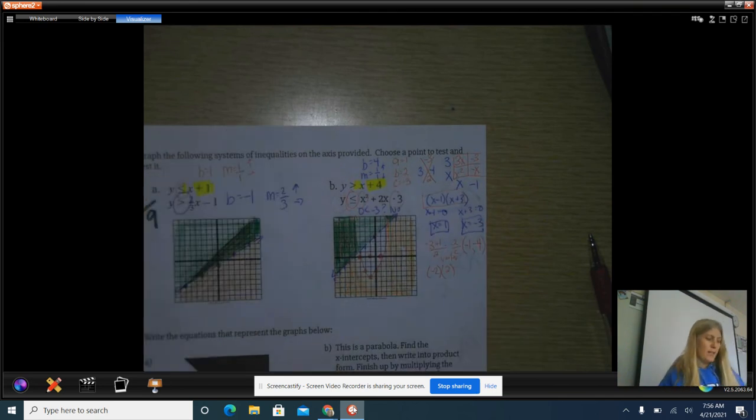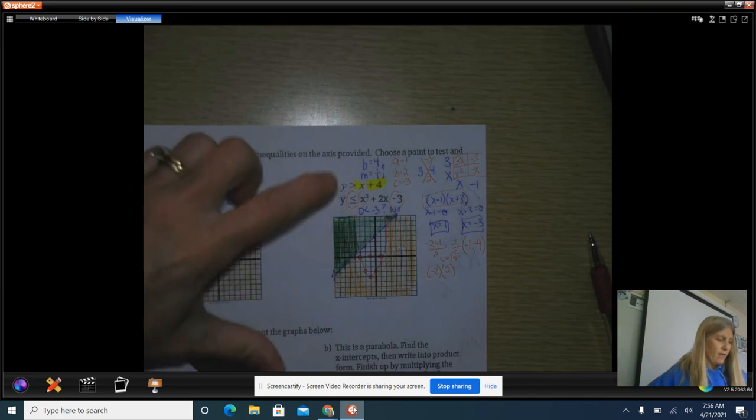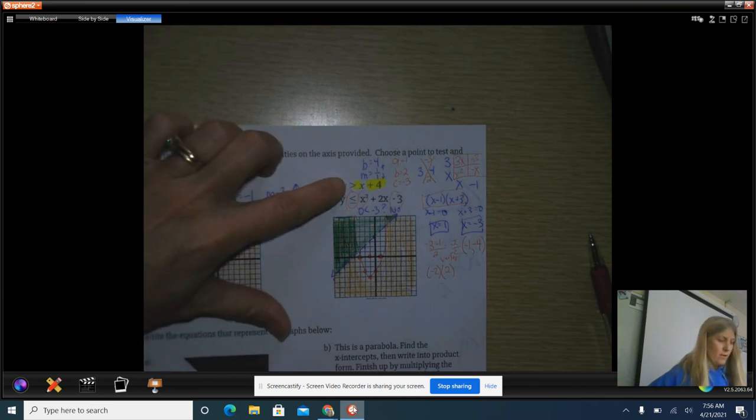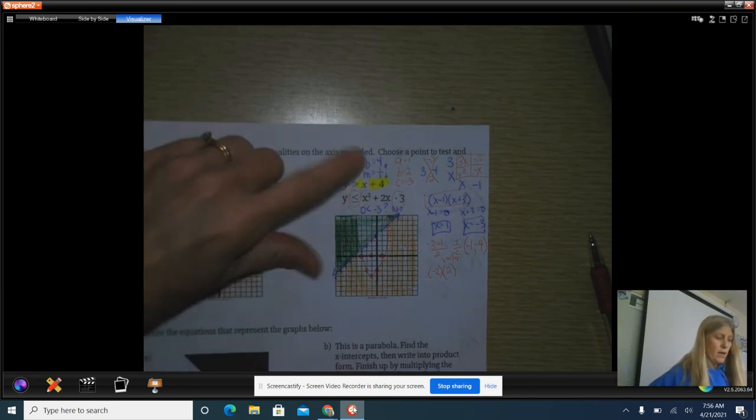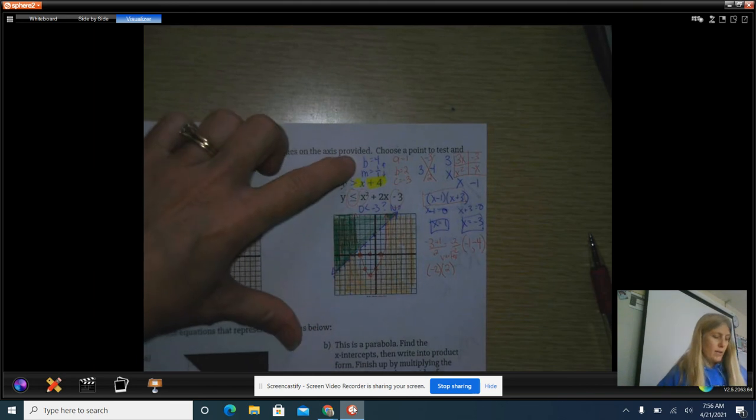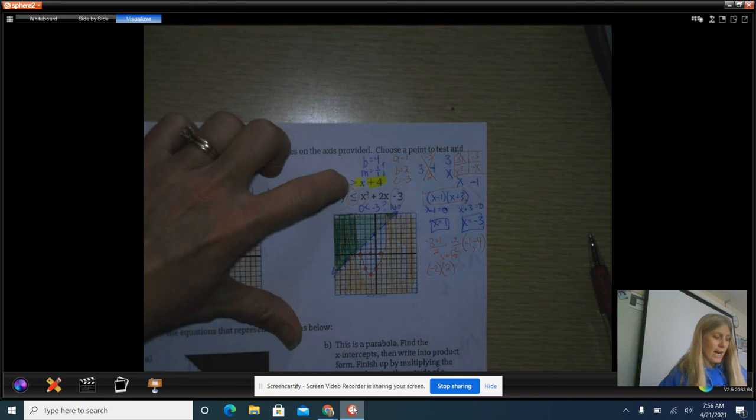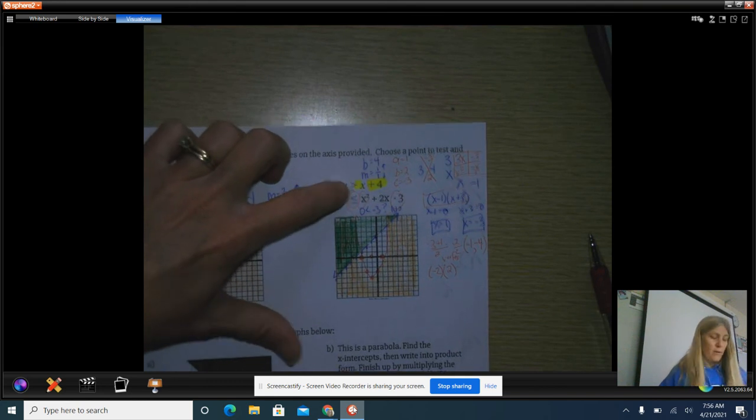So lots of points on this one. We have, for our line itself, 1 point for your y-intercept, 1 point for your slope, 1 point for your dashed line, and 1 point for shading above. So that's 4 for the line.